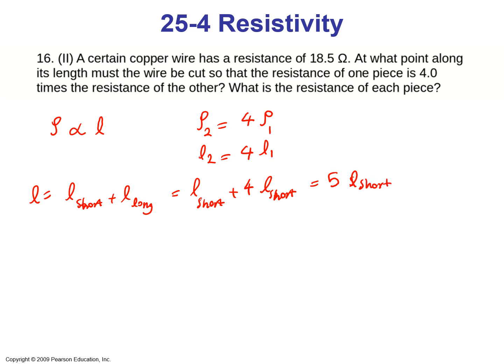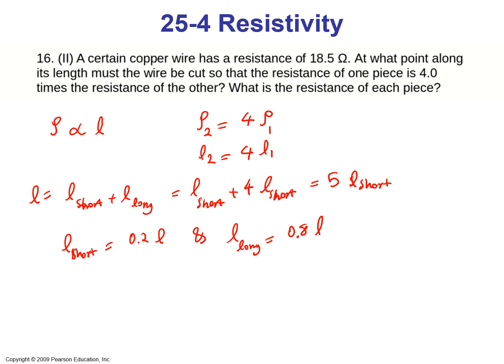So the short piece length is 0.2 of the total length, and the length of the long piece will be 0.8 of the total length. So we should make a cut at 20% of the length of the wire, and we will have two pieces. One of them has 4 times the resistance of the other piece.